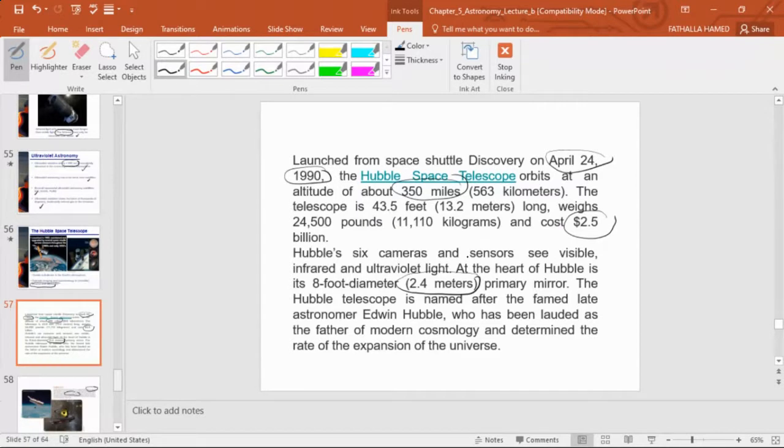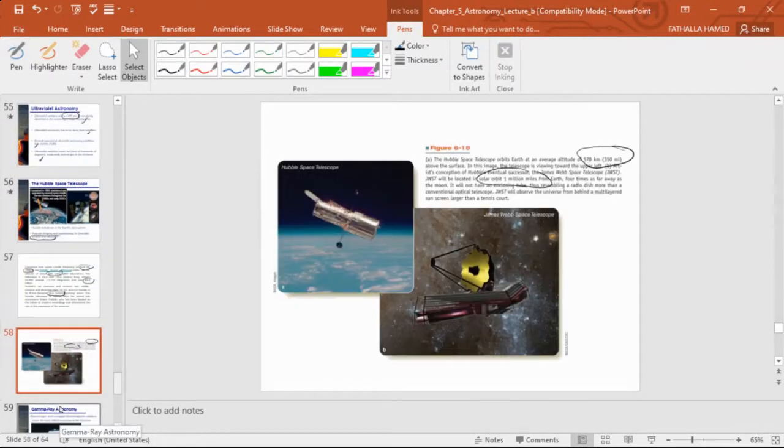The Hubble telescope was thought to end its mission by early 2000. It's still going, and data is still collected from this telescope. This is an image of the Hubble telescope here.